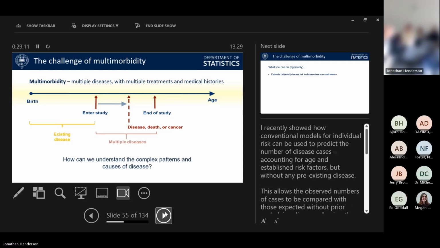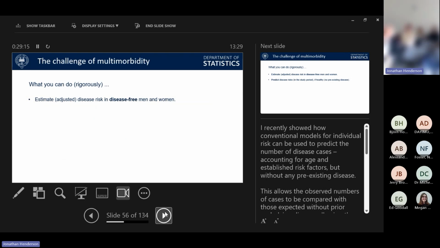Okay. Well, what occurred to me was that there are some things that you can do in a fairly rigorous way from an epidemiological perspective. You can estimate adjusted disease risks in men and women who are otherwise disease-free, so otherwise healthy. You can then predict disease risks in people who would be otherwise healthy.